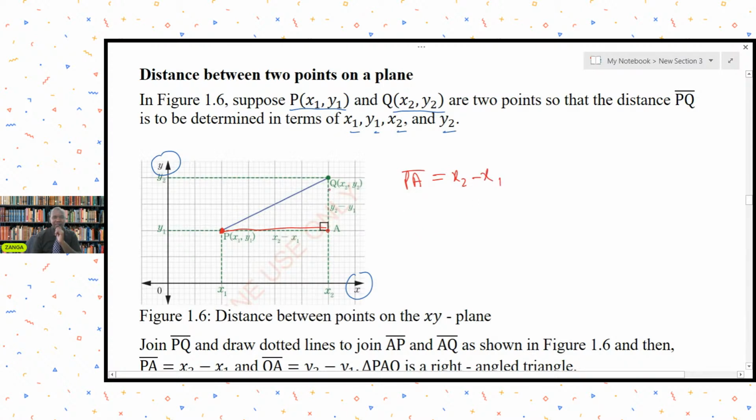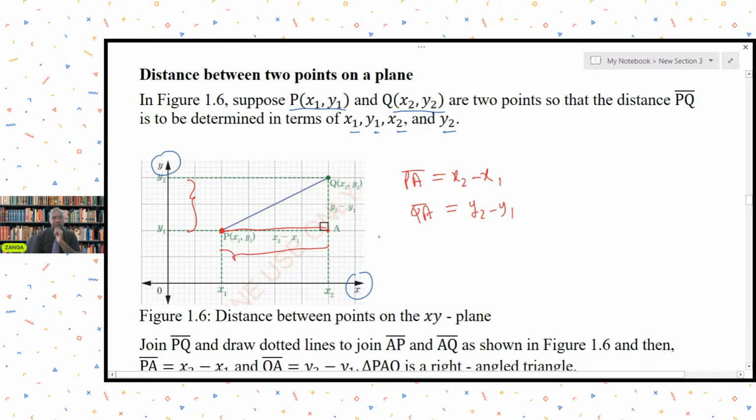And the distance QA is Y2 minus Y1, because we are talking of this vertical distance here. And horizontal distance, we are talking of this distance here.